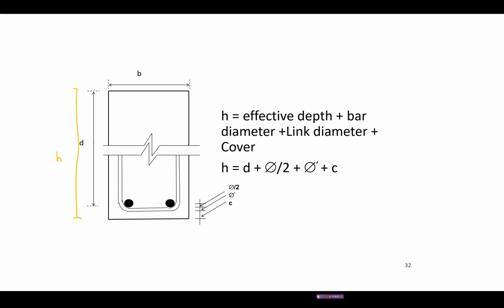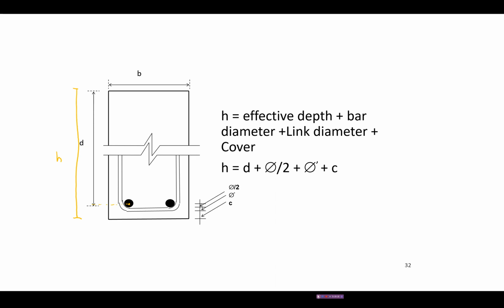And D dia sampai centroid sahaja, means sampai sini. Right. So, kalau kita nakkan value of H, maksudnya macam mana kita nak dapat daripada atas ke bawah. Okay, tapi kita sebenarnya nak D kan. Tapi it's okay, kita kena faham the concept first.